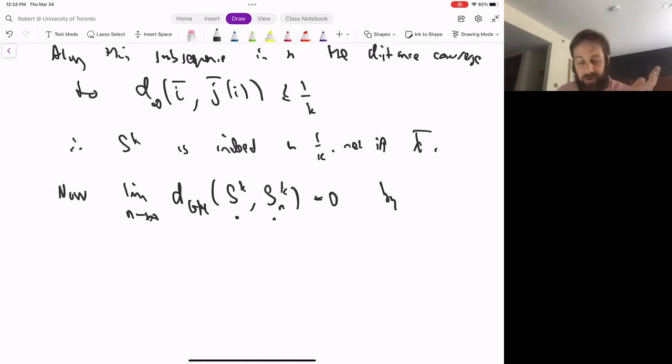But we just argued in the previous proposition that if we have arbitrarily fine nets whose Gromov-Hausdorff distance converges to 0, then the original spaces have to have Gromov-Hausdorff distance converging to 0.